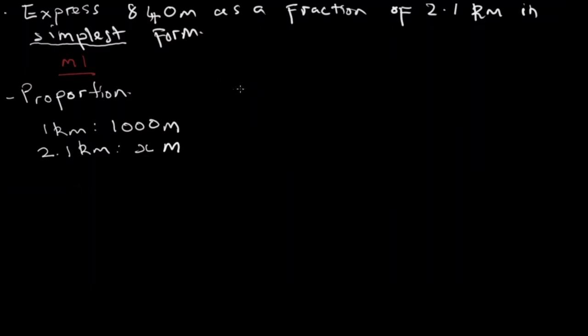You then say 1 over 2.1, which is this side, is equal to, we have replaced the colons with equal, 1,000 over x. I know that when we were introduced to proportion, we used to write more or less, and we would use logic to think through things. But here it's just pure mathematics and not much logic.